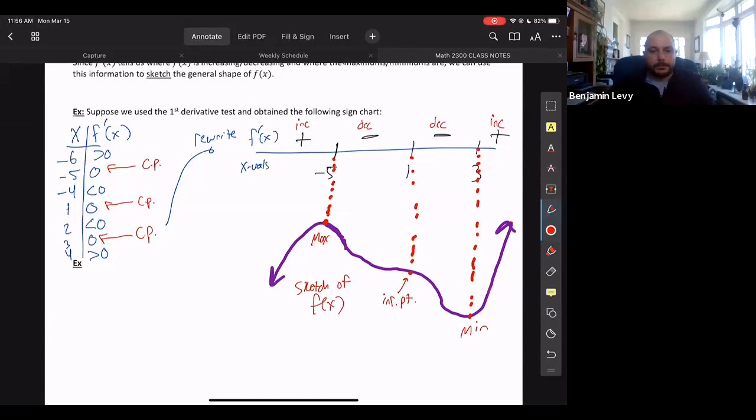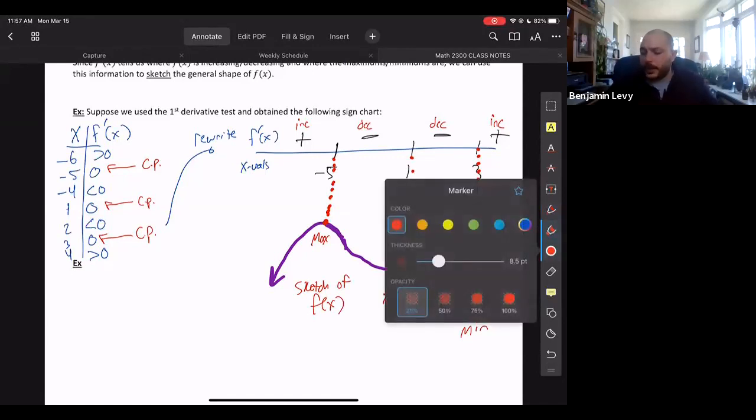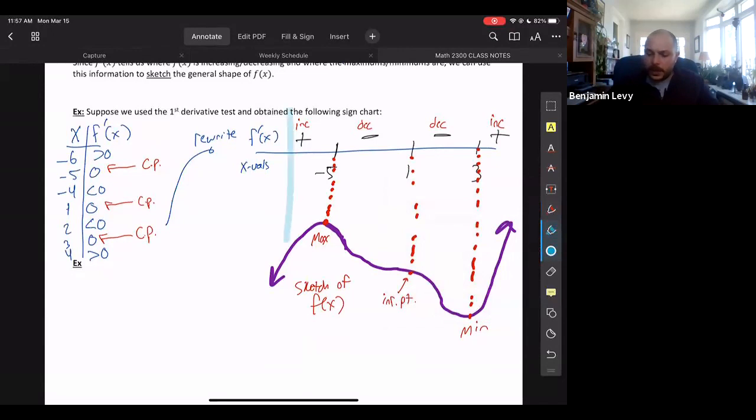What do you think about that? I feel like that makes sense. You're in okay shape if you understand the first derivative test at least. This is the kind of thing that the first derivative test tells us.